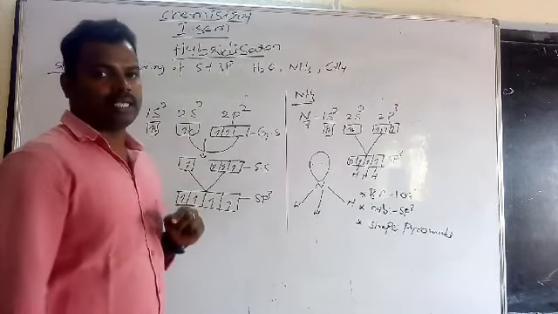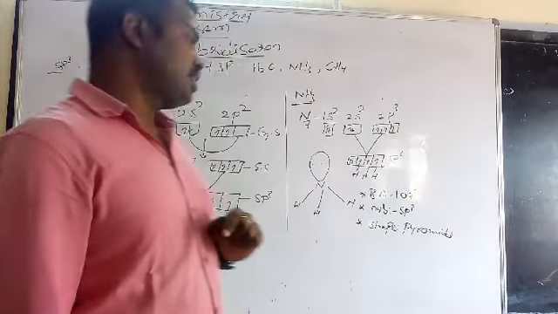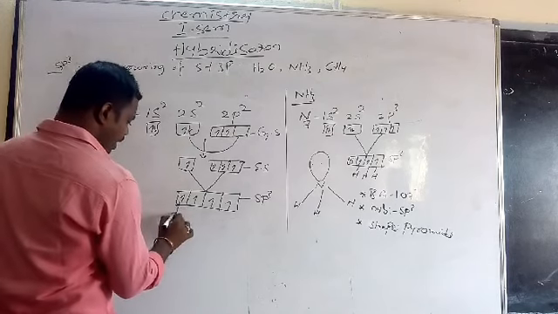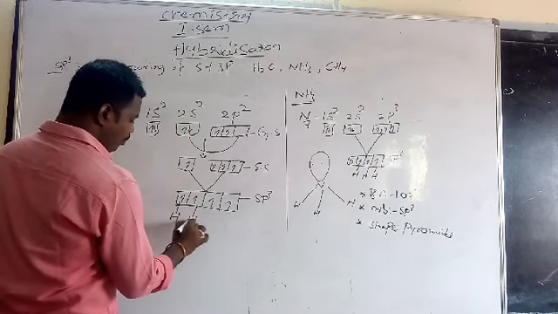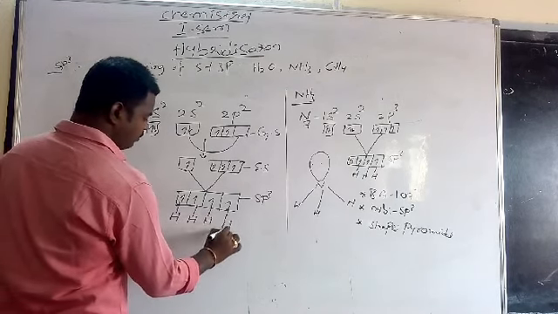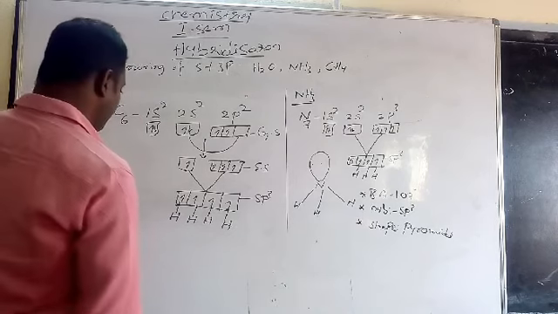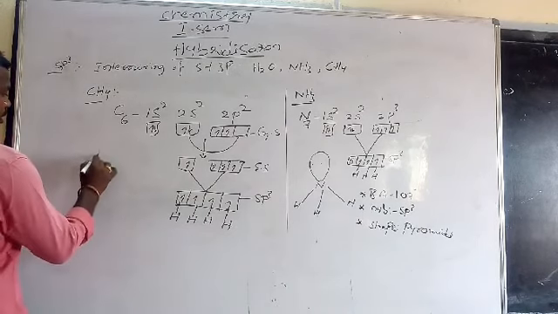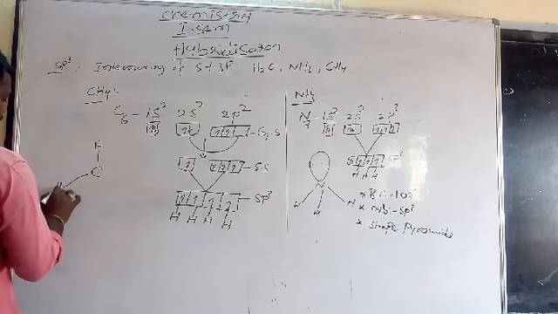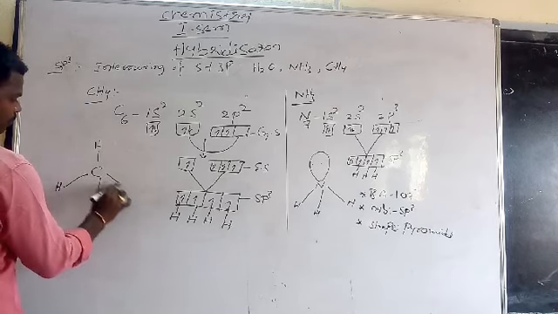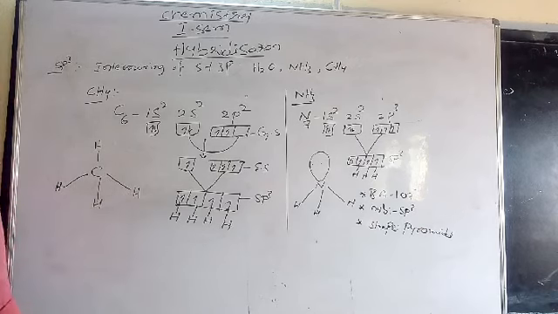This process is known as sp3 hybridization. Now it reacts with 4 individual hydrogens, and the carbon forms the methane molecule.